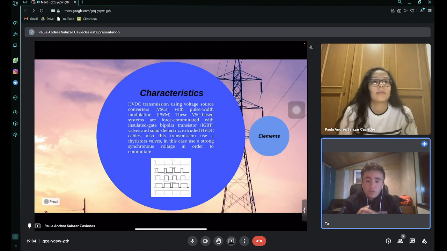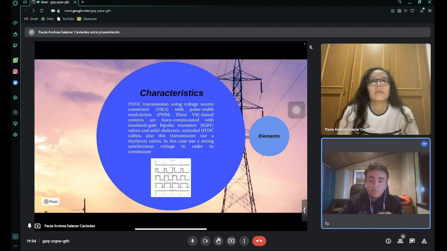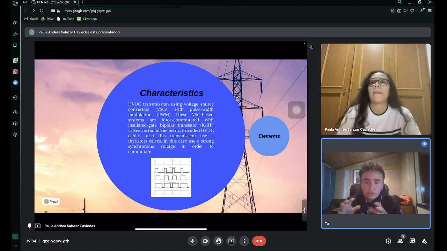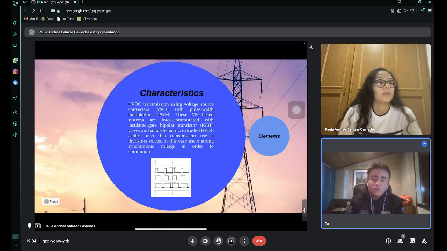This VSC is force commutated with an insulated gate bipolar transistor, IGBT, and solid dielectrics. The HVDC cables are very long, and the transmission can also use thyristor valves, and in this case it uses a strong synchronous voltage in order to commutate.